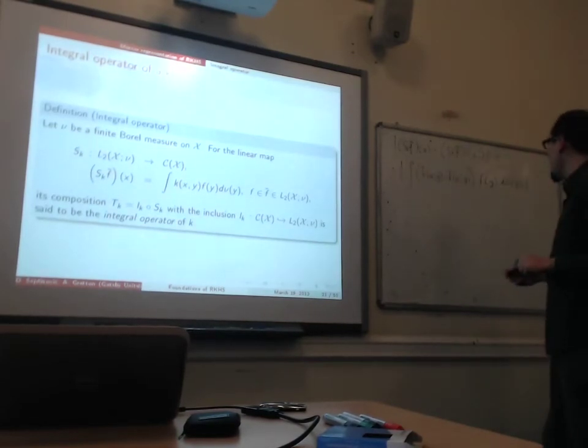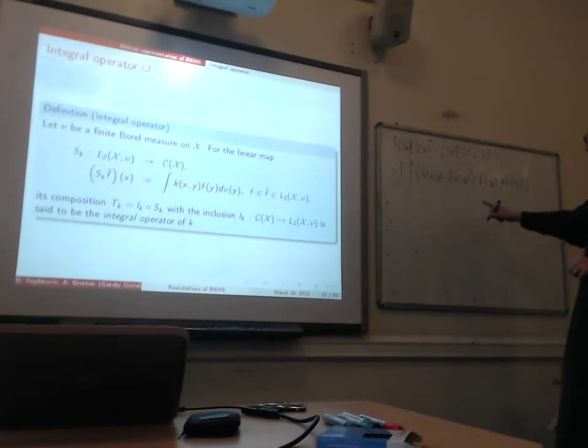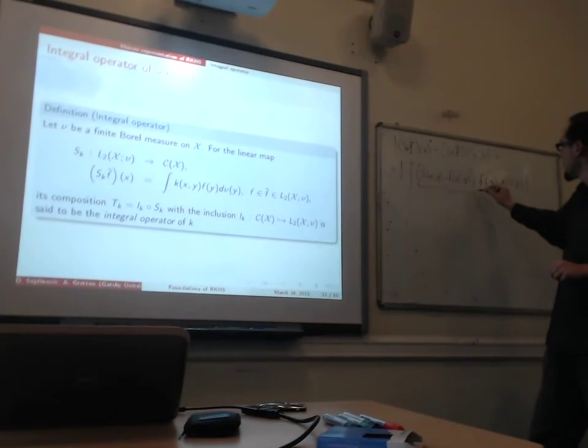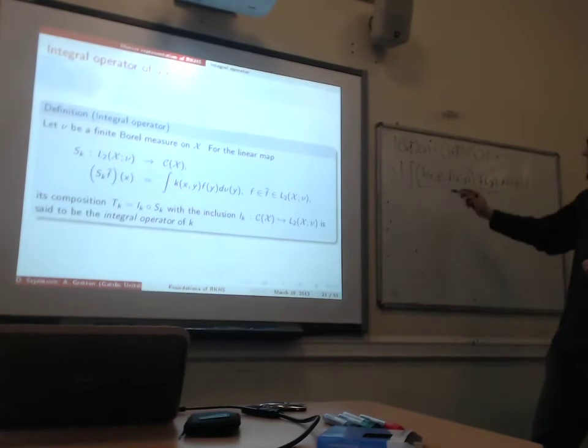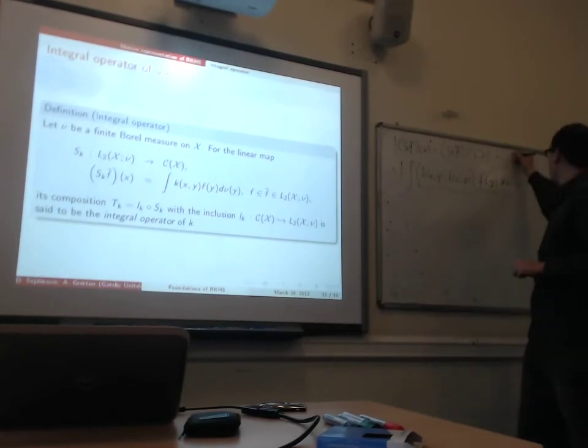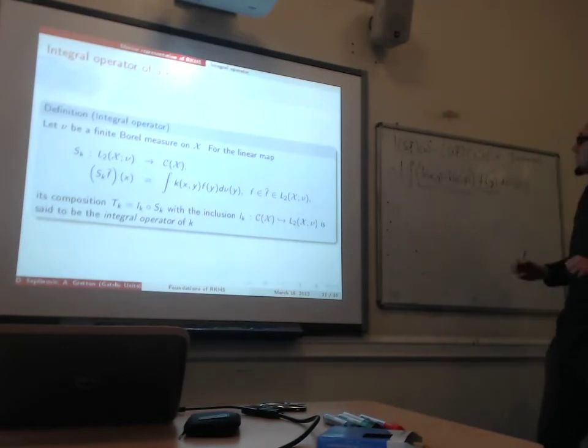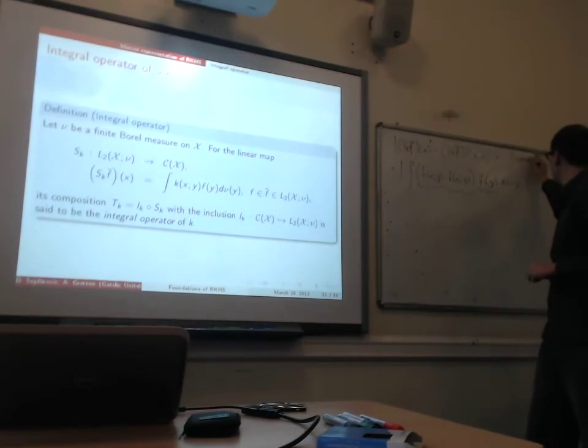So now, what is this object? This is somehow just an L2 inner product between that and that. Do you agree? So that's just the L2 inner product of two functions, a(x), b(x), d nu(x). And here I'm just treating these as functions of y, so I better write it this way.